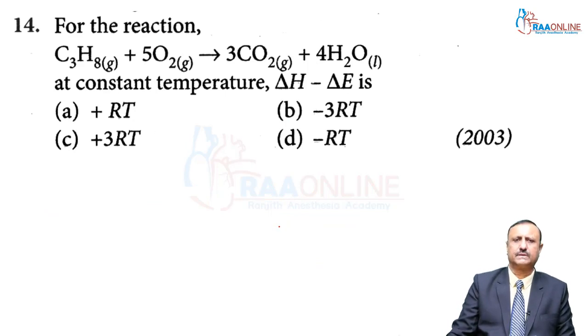For the reaction C3H8 gas plus 5O2 gas gives rise to 3CO2 gas plus 4H2O liquid at constant temperature, delta H minus delta E is. Here my dear students, what is the concept and formula? Here you can see the formula is delta H equal to delta E plus delta nRT.